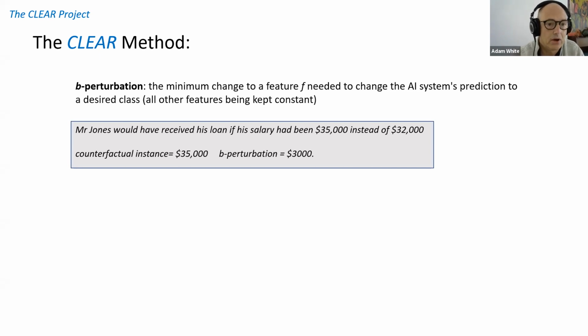So an example is Mr. Jones, who would have received his loan if his salary had been 35,000 instead of 32,000. The difference between these two is 3,000, so that's the b-perturbation. The minimum amount the feature had to change to flip the classification.